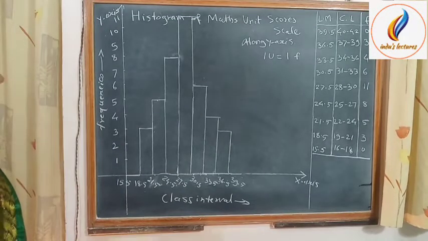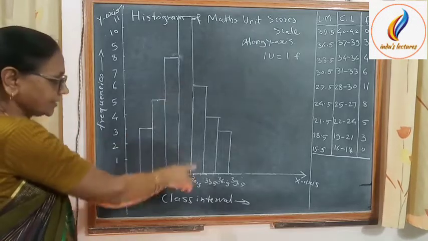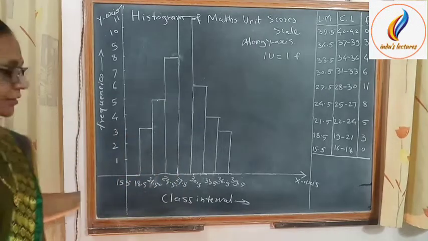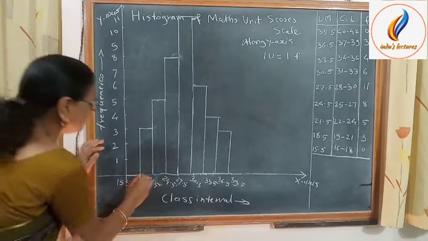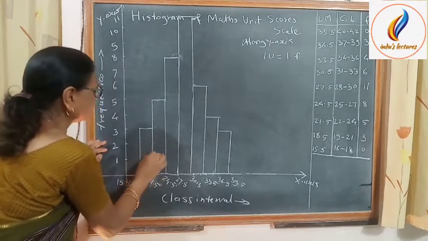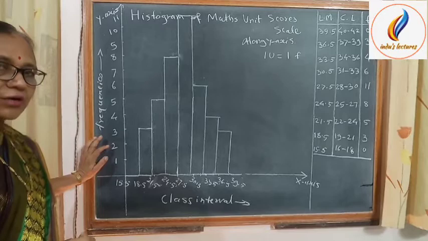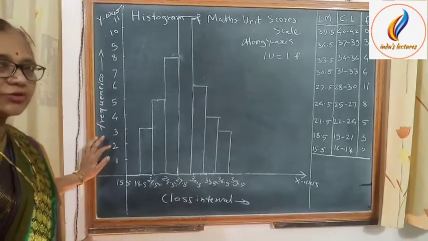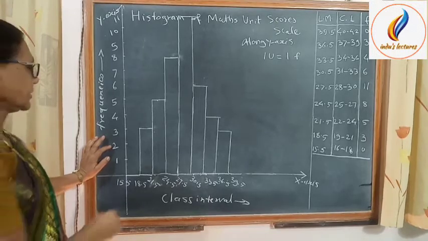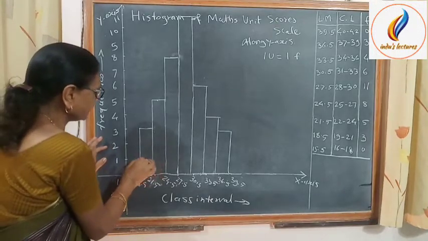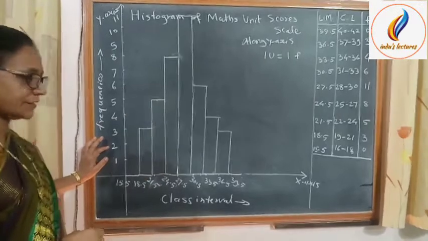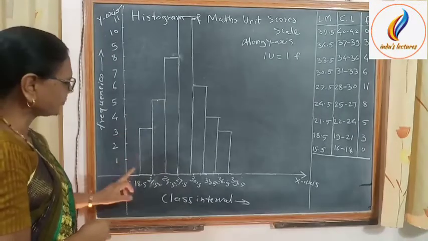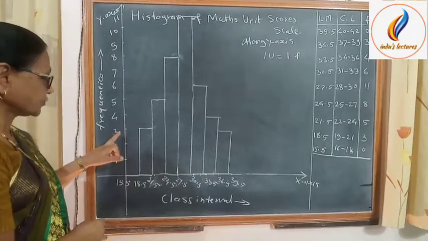Now this type of bar graph is called a histogram. The width of each class interval is the same, and it is equal to the length of the class interval. Here the length of each class interval is 3. That means the width shows the length of the class interval, and the height of the bar shows the corresponding frequency.